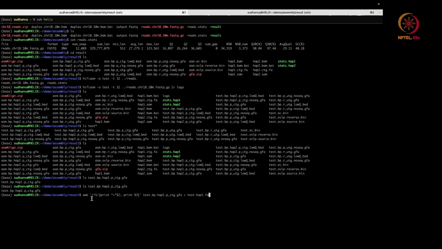Just to go through this command, what I am doing is looking at all the lines which start with S, that is to say they are segment lines, and I will print the greater than character, which in a FASTA file indicates that it is a header line. I will print the second column, which is the identifier for the segment, and I will print the third column, which is the content of that segment.